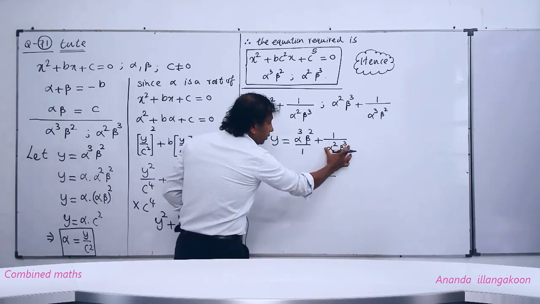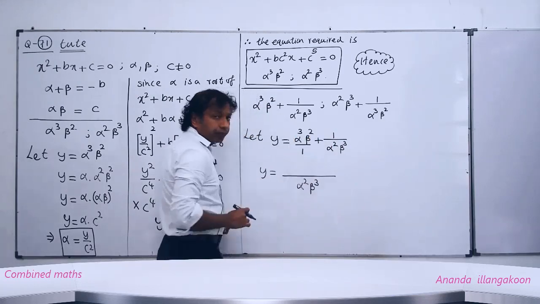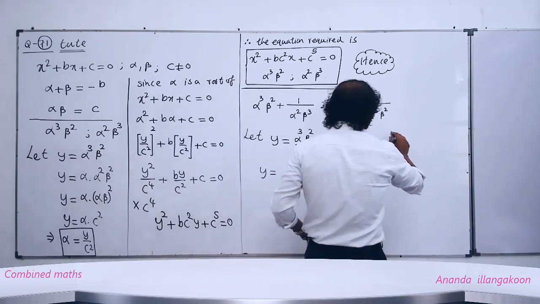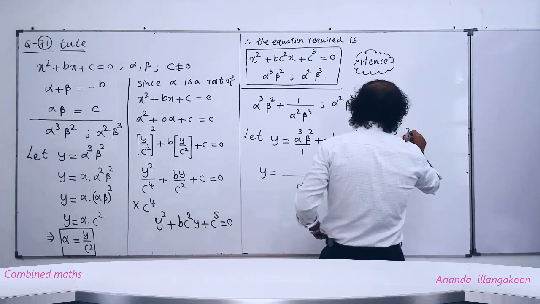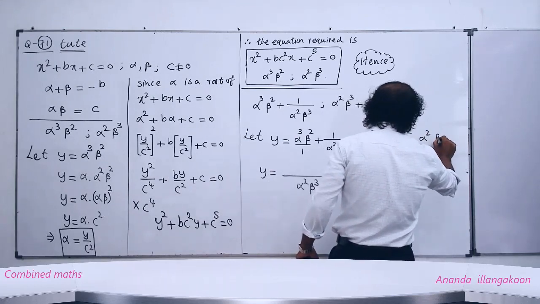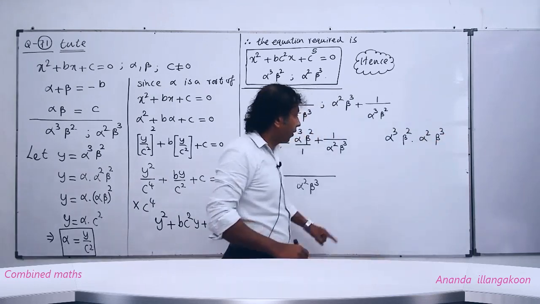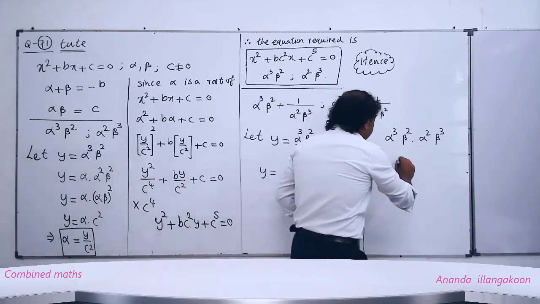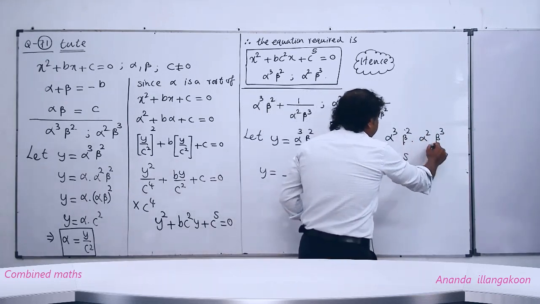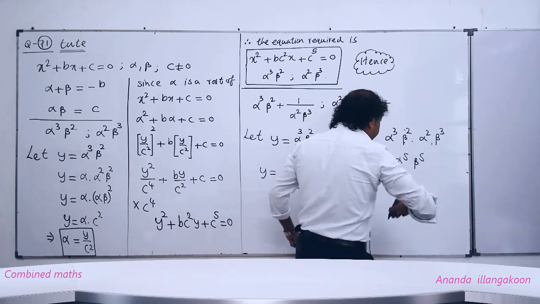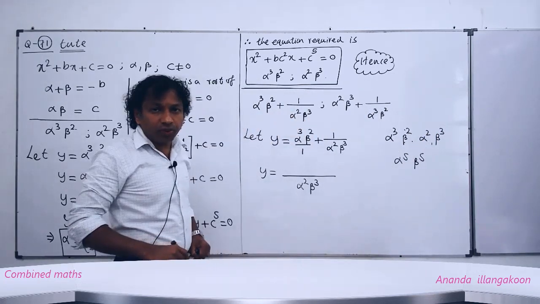By this, we multiply this. Then what do you get? Alpha cube beta squared into alpha squared beta cube. Alpha cube times alpha squared is alpha to the 5, beta squared times beta cube is beta to the 5. That's what we get when we multiply.